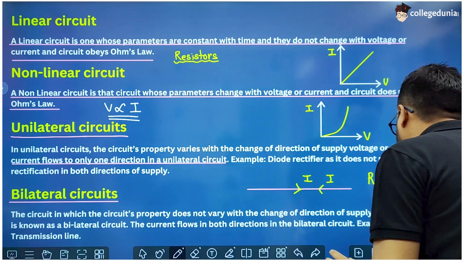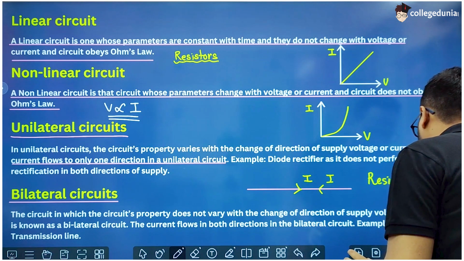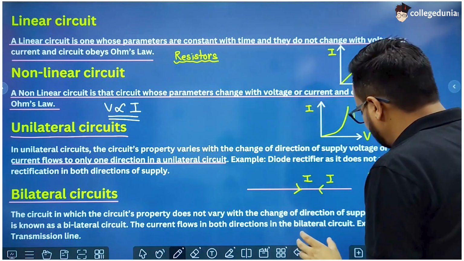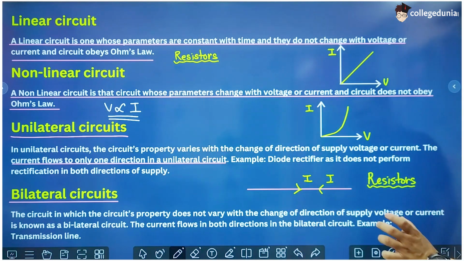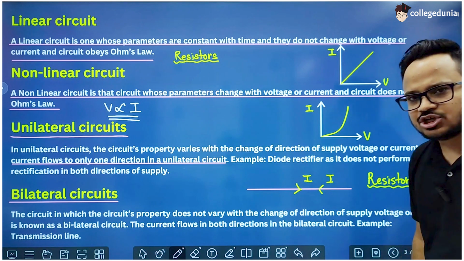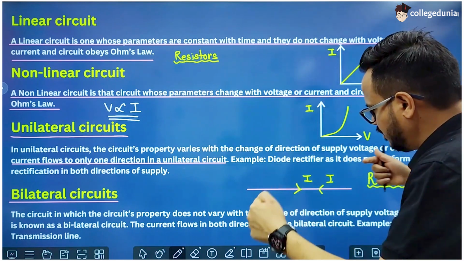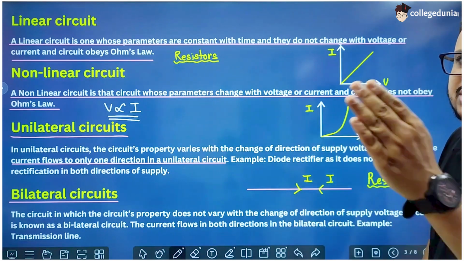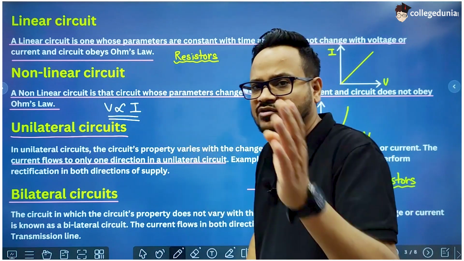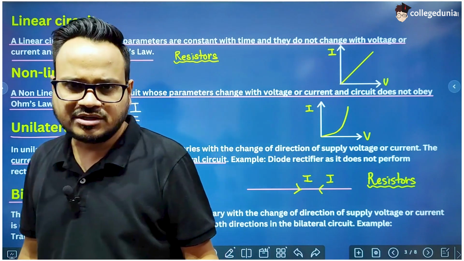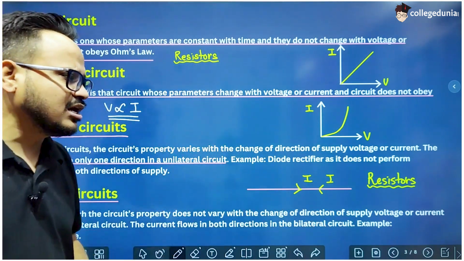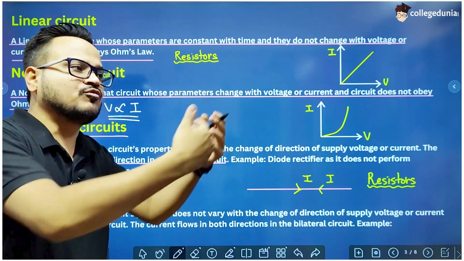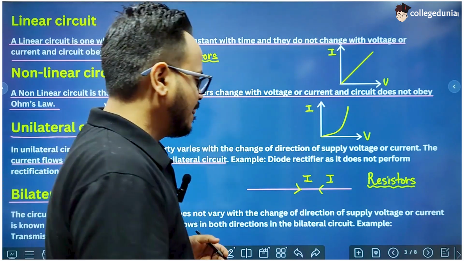For example, resistors are bilateral because the property of a resistance does not change by changing the direction of the current. So current can be flown in either direction, or the transmission lines which are connected from one city to another city and are responsible for transferring current from one city to another city, they are also bilateral because current can be flown from city A to city B, and using the same line it can also be flown from city B to city A, right?